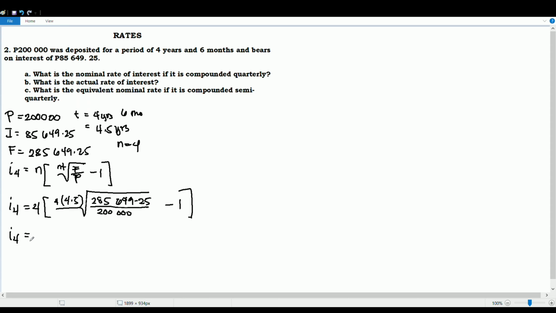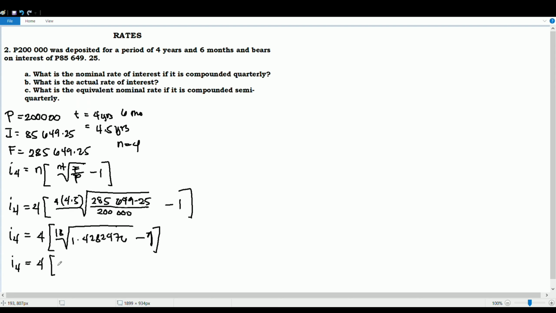Solving the index, we have 18, which came from 4 times 4.5. So we have the 18th root of 1.428,2476, minus 1. Now, what is the 18th root of the radicand that we have?